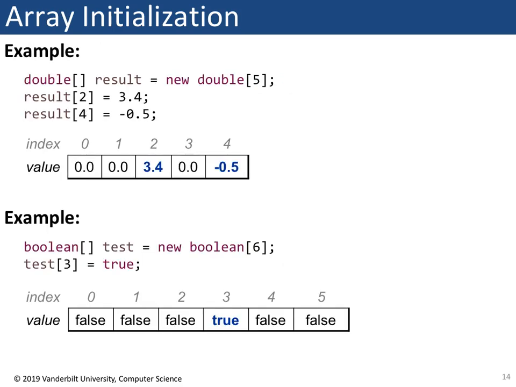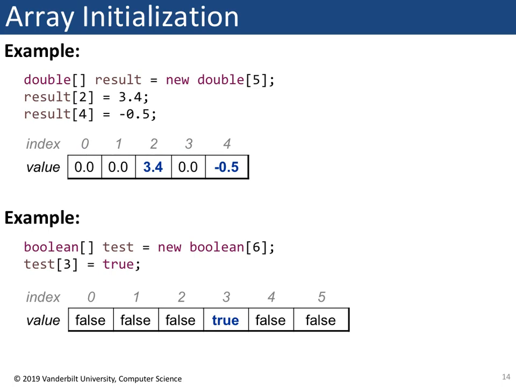Here's another example. So we are creating a double type array called result and assigning it a new double array with length 5. Now notice when we create this array, initially each value is 0.0.